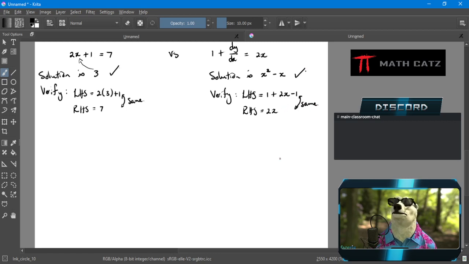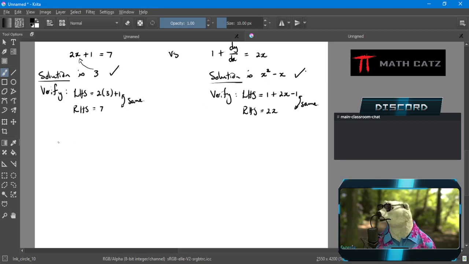So my approach to equations is the same. These equations are the same. My approach is the same. But what I mean by solution is very much not the same. Usual number equation, the solution is a number. Differential equation, the solution is a function in the variable.